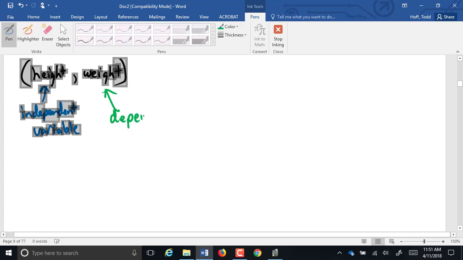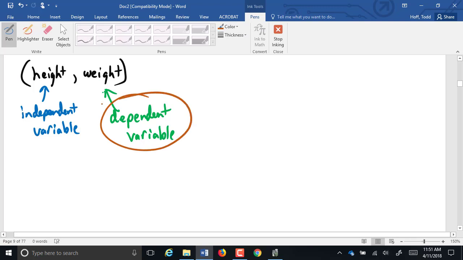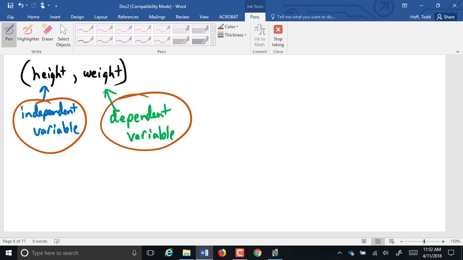The weight is the dependent variable because if you add weight or gain weight or lose weight, you can't expect that to affect your height. However, if you grow taller, you can expect that to affect your weight. Typically, growing taller will also increase your weight.